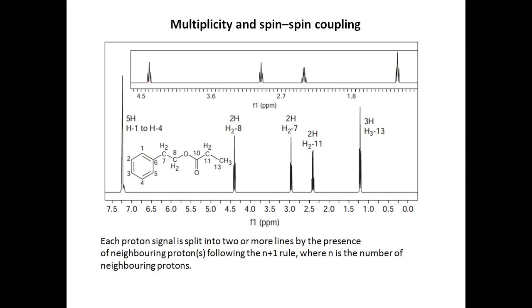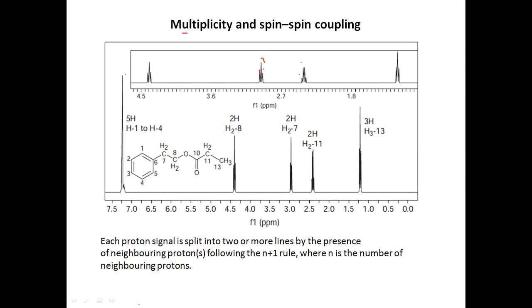But again, what we are seeing is that there are multiple lines in this particular signal, right? You can see three lines here. So what is this? This tells about the multiplicity of the signal. It arises from non-equivalent protons near one particular set of equivalent protons.